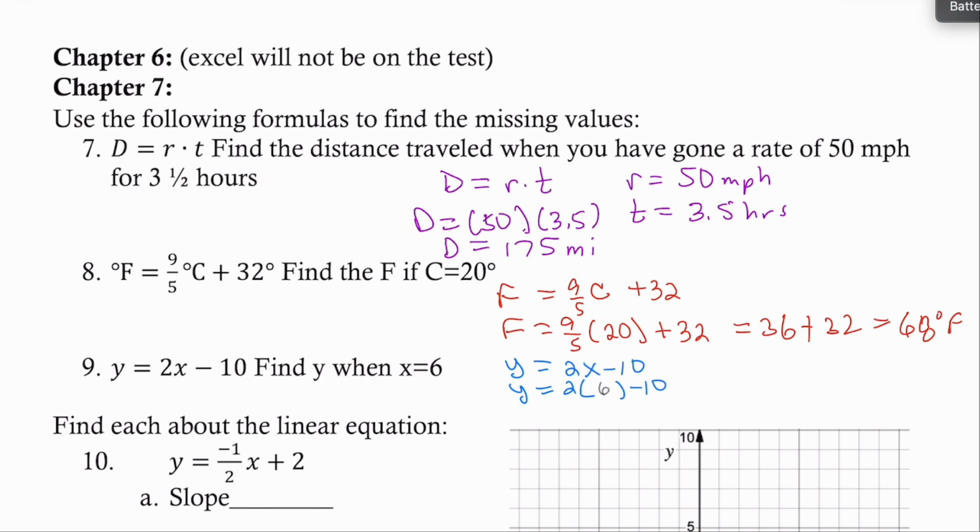Now remember, the 2x means 2 times whatever x you were putting in. So do that multiplication first. Multiplication comes before subtraction. So 2 times 6 is 12, minus 10 is 2. So there's a little about using some formulas that we have seen.